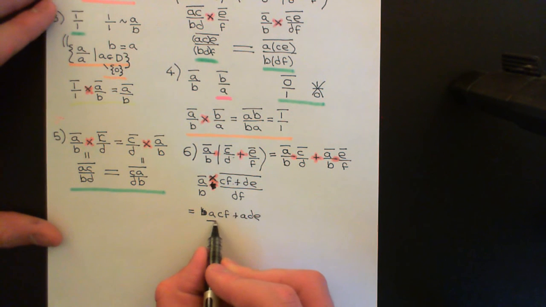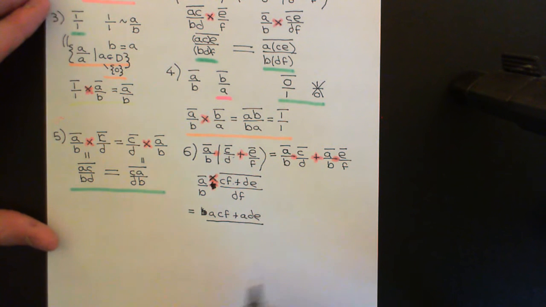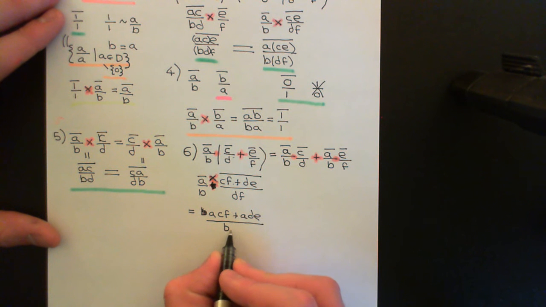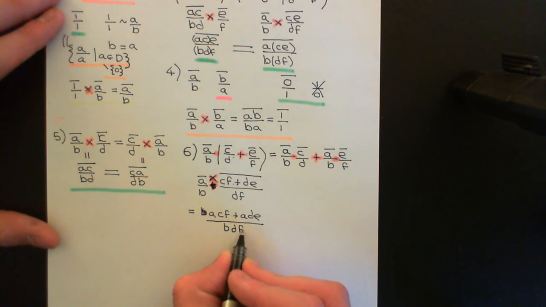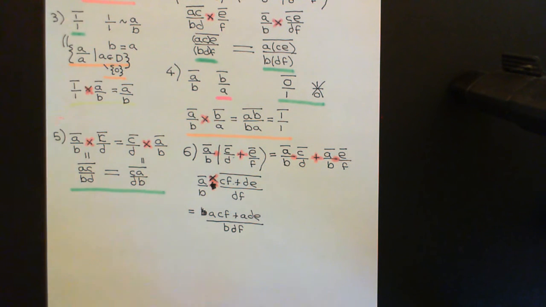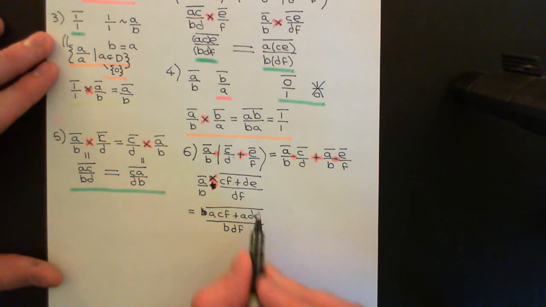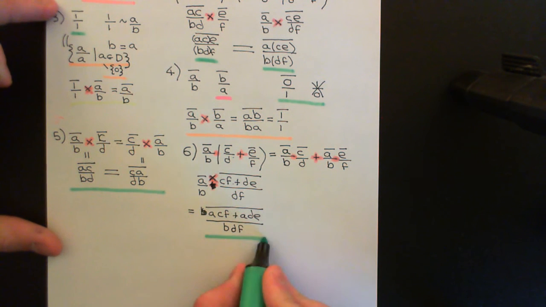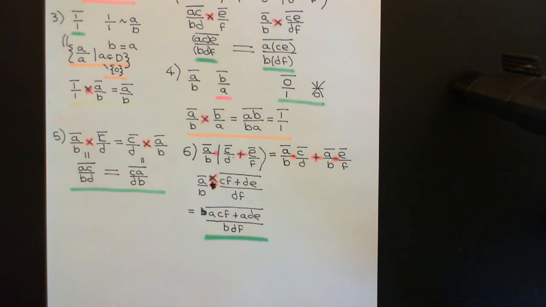It just becomes a nightmare if you insist on actually doing it rigorously with all of the brackets and things for the integral domain operations. And then underneath we'll have the denominators multiplied by one another, b times d times f. So we've constructed this fraction and then we just want the equivalence class that contains it.